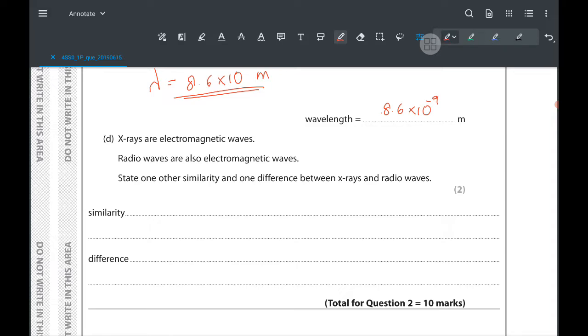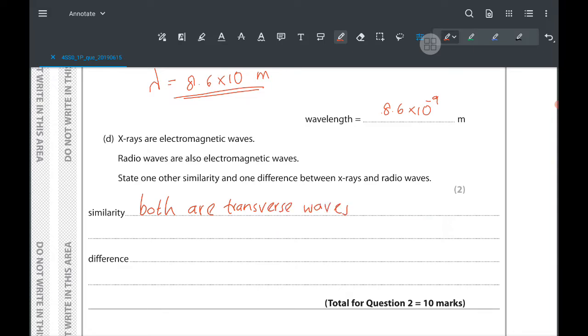Now, they have given that X-rays and radio waves are electromagnetic waves, so we can't mention that one. But we know all electromagnetic waves are transverse waves. So we will mention that both are transverse waves.